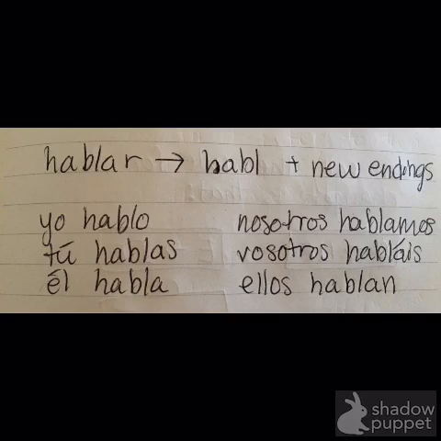So you just take the endings, o, as, a, amos, áis, an, and just practice it in your head, just saying that. Or in the ER, it's o, es, e, emos, éis, en. So if you just take those and chant it kind of like that, it helps you remember it and helps it stick in your brain.